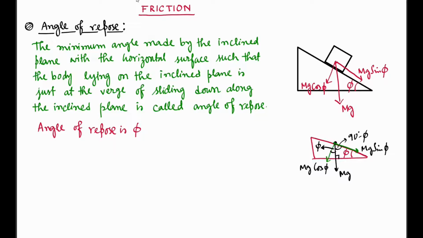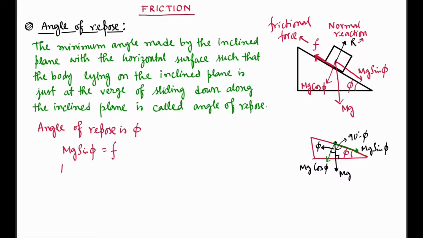Now, the normal reaction is R, and the frictional force acting here along the inclined plane in the opposite direction of mg sin phi is F. Now, as the body tends to move downward, therefore mg sin phi is equal to F and mg cos phi is equal to the normal reaction.